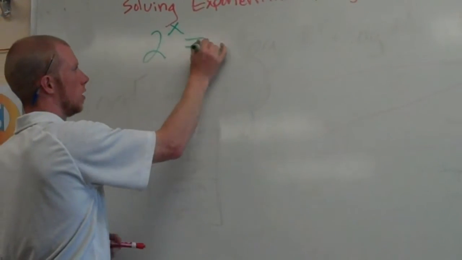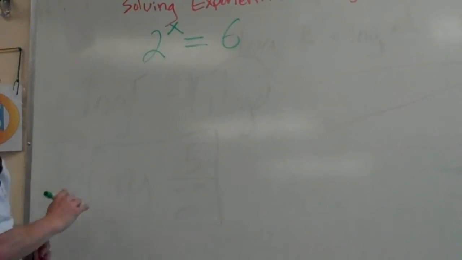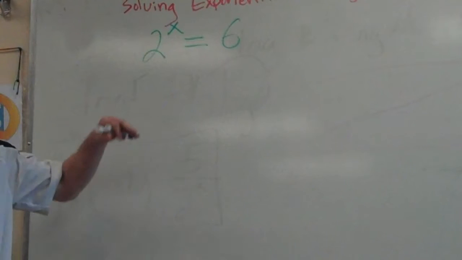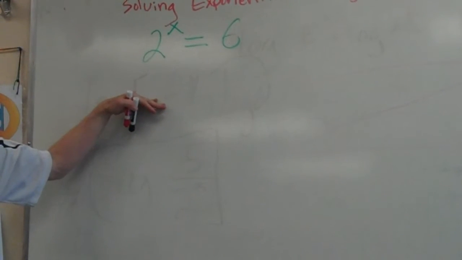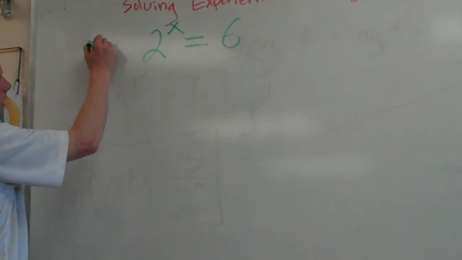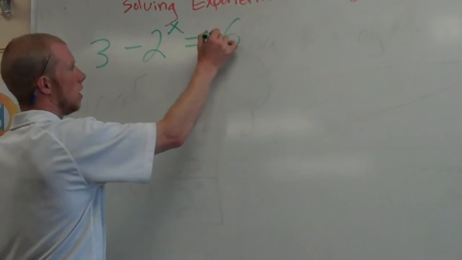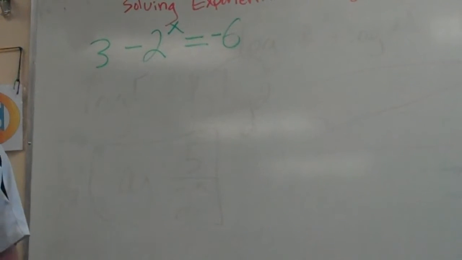If you're given an equation such as 2 to the x equals 6, we know how to solve it. It's in exponential form. We're going to rewrite it in logarithmic form. But what if you're given an equation that says 3 minus 2 to the x equals negative 6?